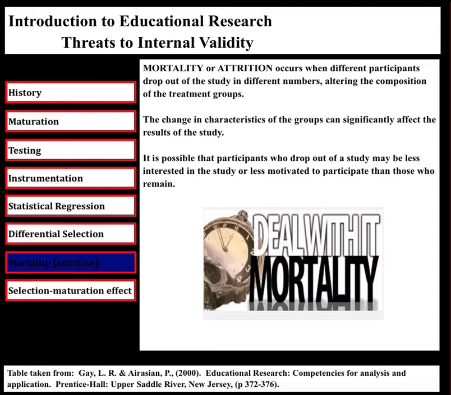It's possible that participants who drop out may be less interested or less motivated than those who remain. So you wind up with a whole bunch of people who are really eager for this study to go well, and so the study does go well, but it's not representative. The sample has been diluted somewhat. That's referred to as mortality or attrition.